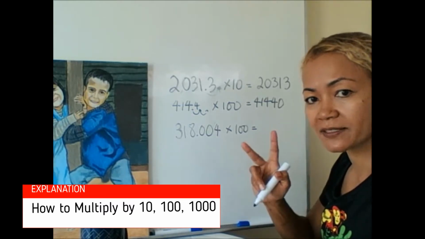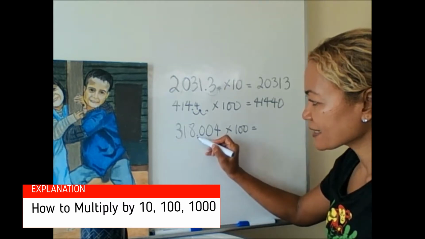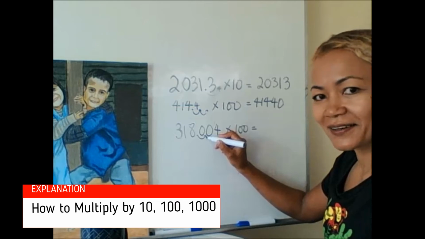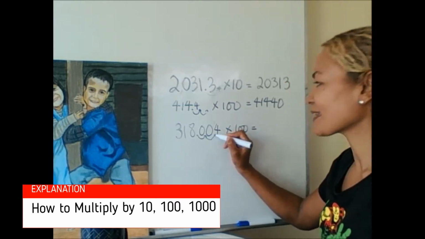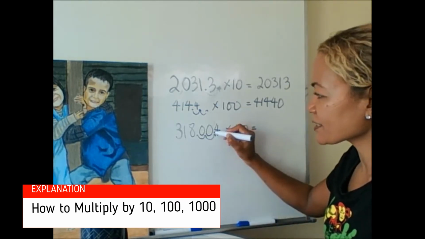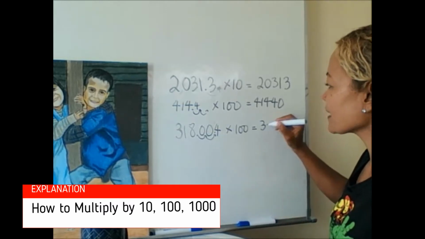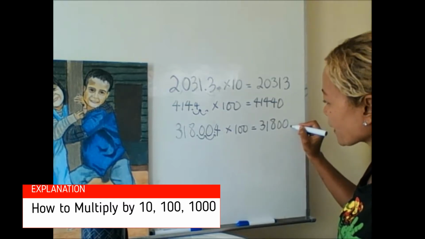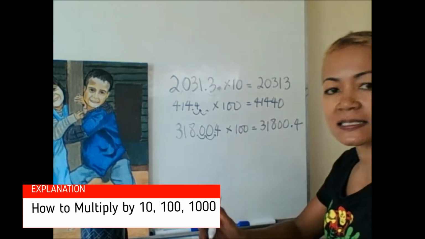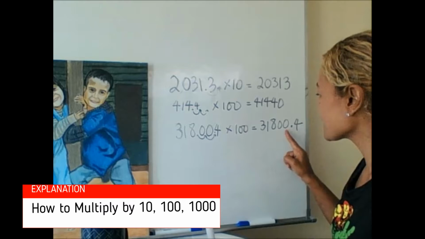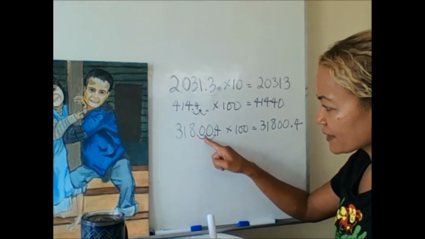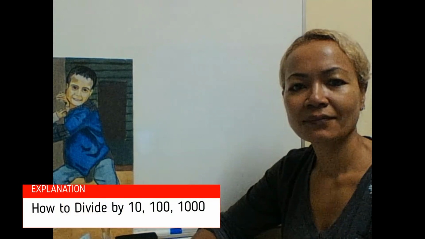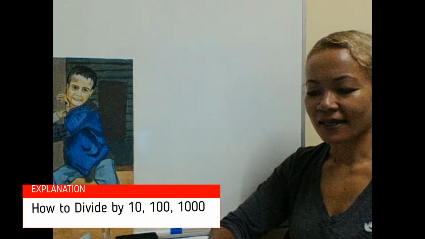You're moving the decimal place 2 places to the right. 1 across the first 0 and around the second 0. And now it's just before the 4. So 318.00.4. So the decimal place is now there between the 0 and the 4. 1, 2, between the 0 and the 4.